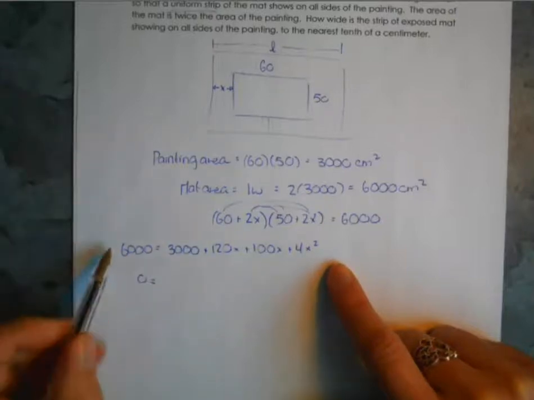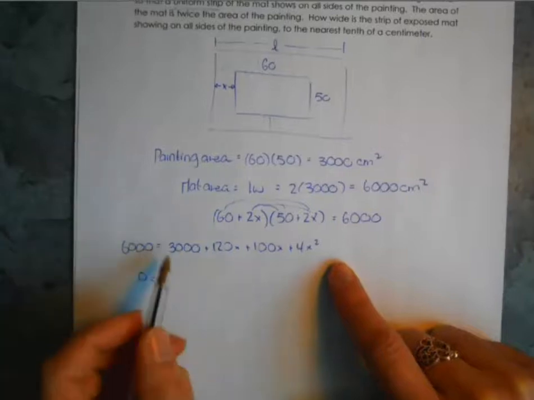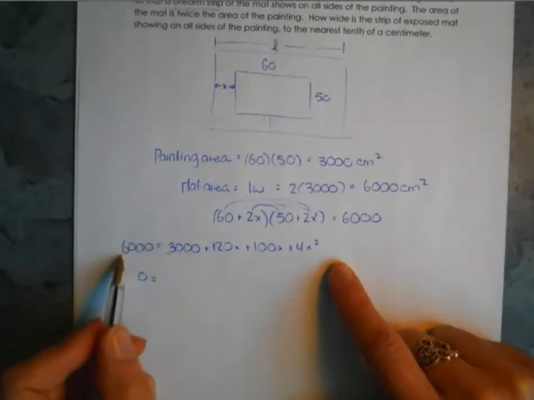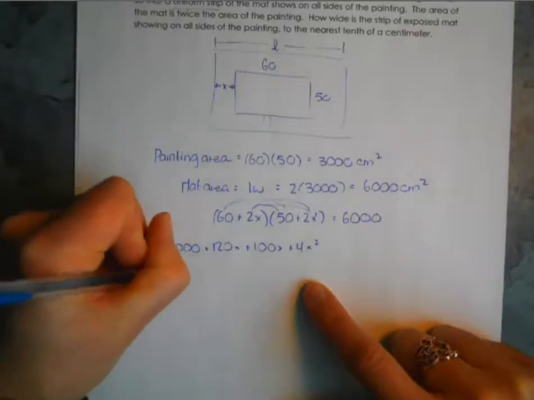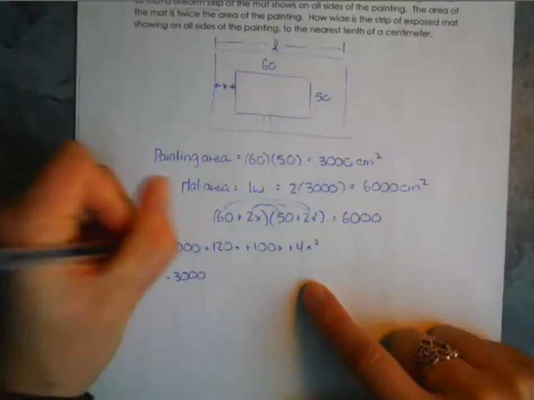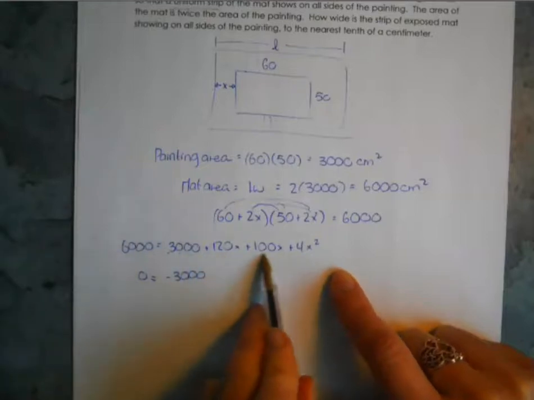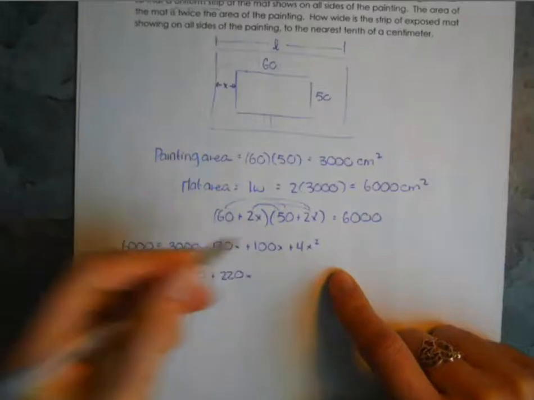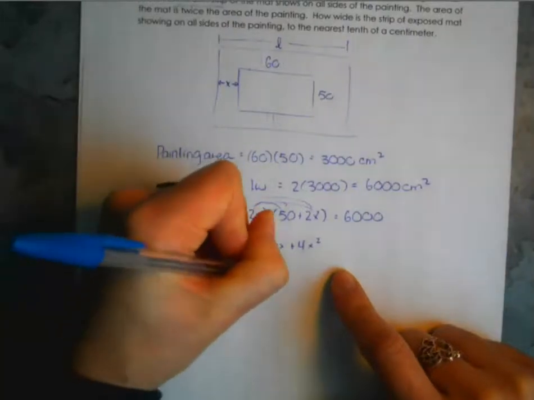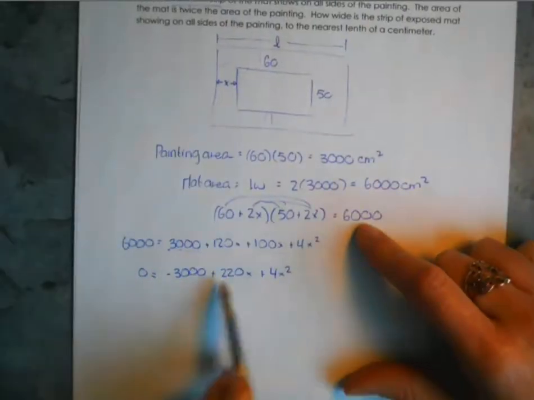If I had plus 6,000 there, I'm going to have minus 6,000. So 3,000 minus 6,000 is going to give me negative 3,000. Plus 120x plus 100x gives me plus 220x. And then plus 4x squared. Okay, so these are my three terms.